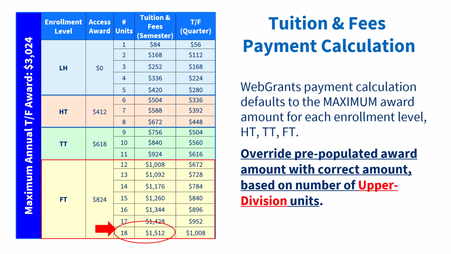Therefore, since Cal Grants at bachelor degree campuses pay on a per unit basis for tuition and fees, we need to manually override the pre-populated award amount. We'll see a demo on how to override payments on the next slide.